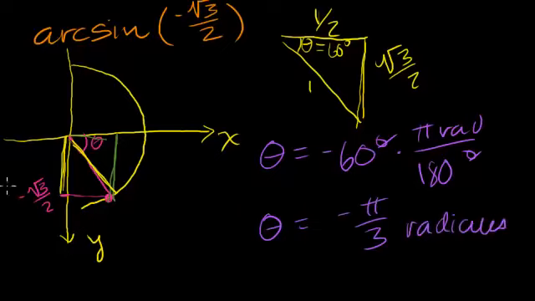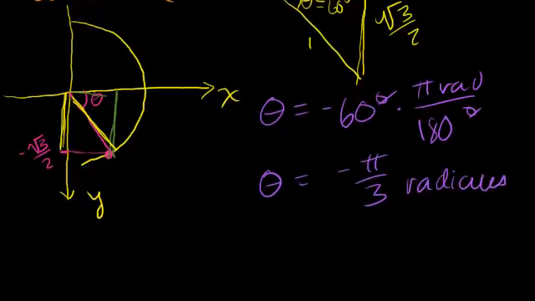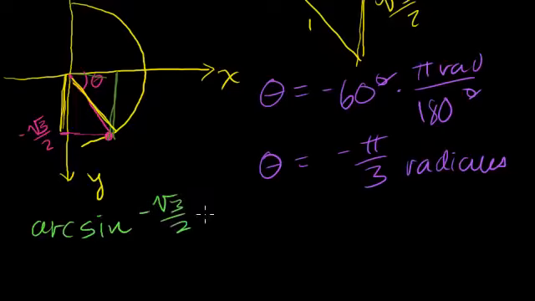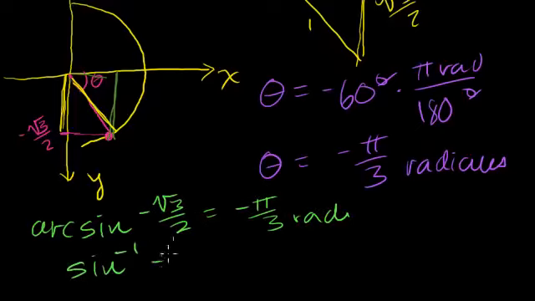And so we can now make the statement that the arcsine of minus square root of 3 over 2 is equal to minus pi over 3 radians. Or we could say the inverse sine of minus square root of 3 over 2 is equal to minus pi over 3 radians.